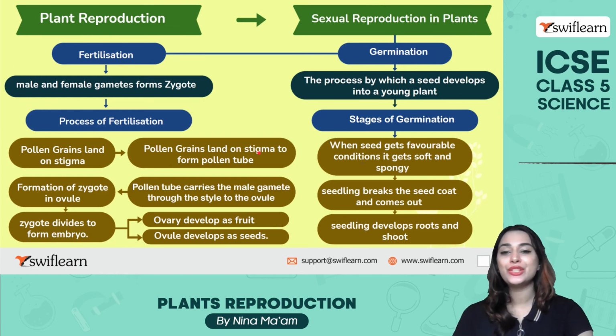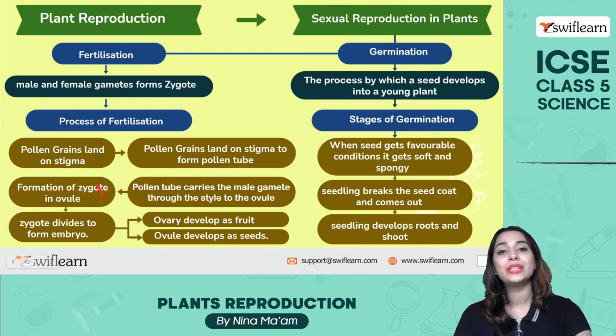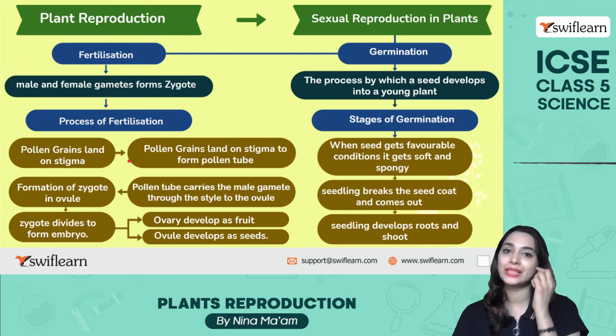Then the pollen tube carries the male gamete through the style and reaches the ovule. Within the ovule, the male and female gametes fuse together and form the zygote. After this, the zygote divides to form an embryo. The ovary develops into a fruit and the ovule develops into seeds. This is the process that happens within fertilization.